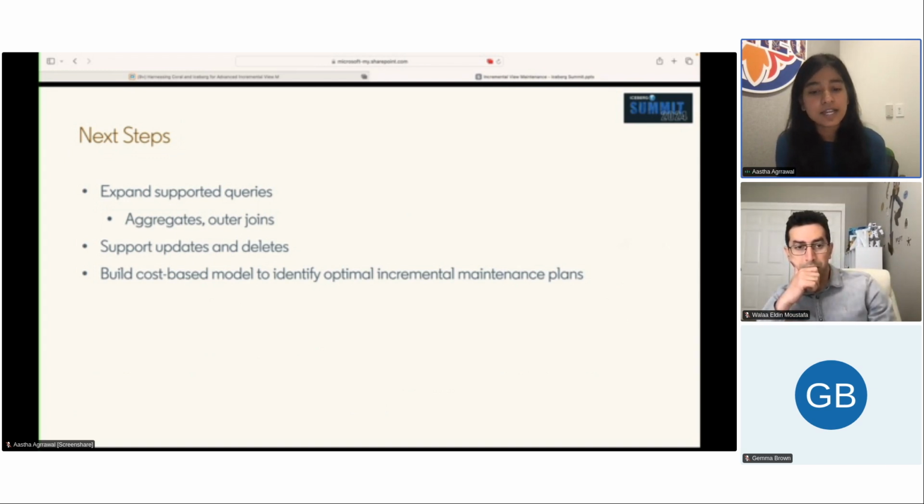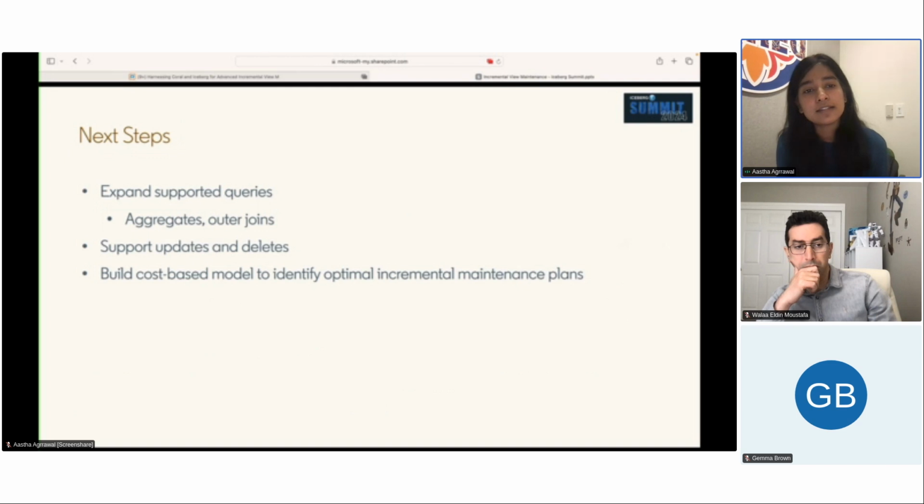We also saw that the current support is for any additions to the base table. So for any additions, we compute the incremental table data to be added to the output table, but there can be other types of updates to the table, such as any record can get deleted, and the incremental SQL for that would look a little bit different, and that's what we want to enable the support for.